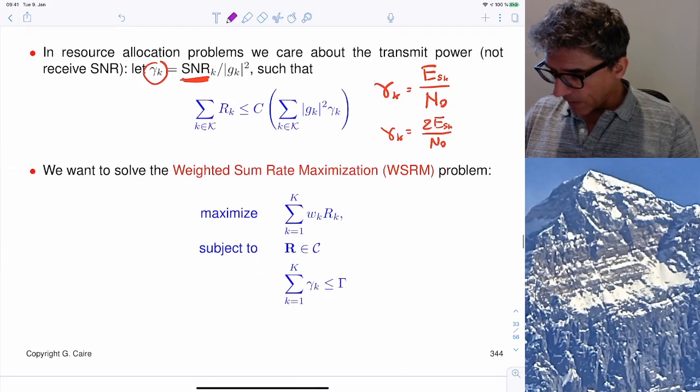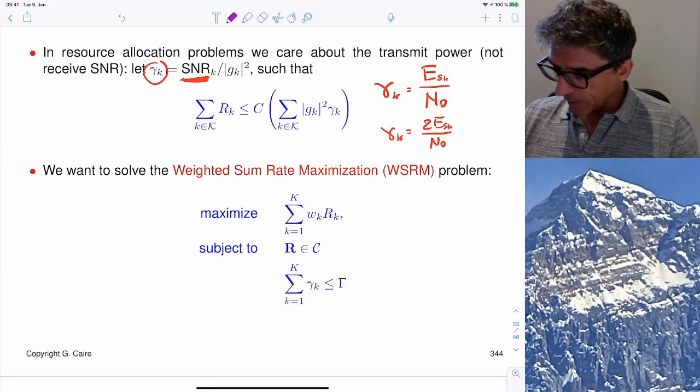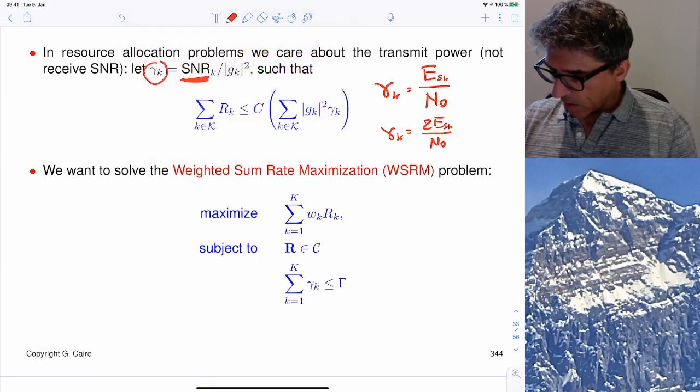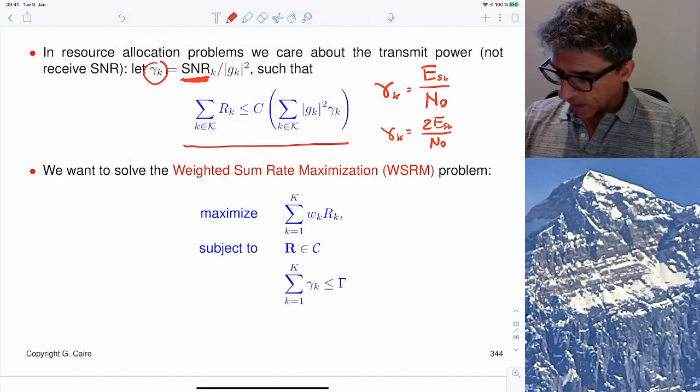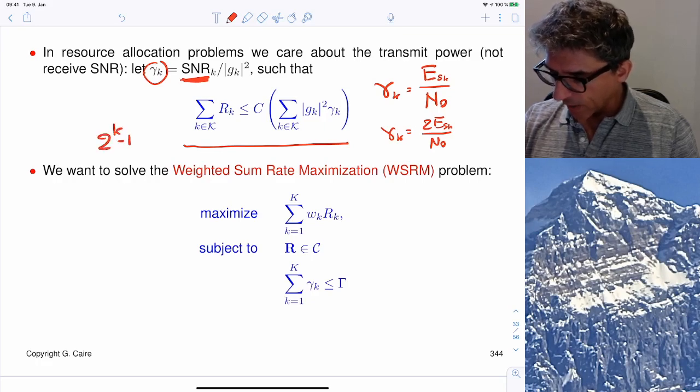So our problem is we have our capacity region, which is defined by this set of, remember, 2 to the k minus 1 inequalities.